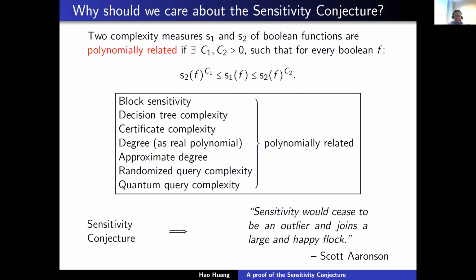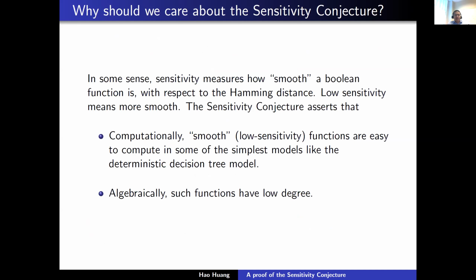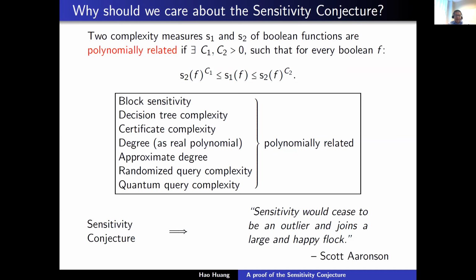Okay. So let me go back one slide to briefly discuss what the degree of a Boolean function is, since we will use that later. The degree of a Boolean function is defined just as the degree of the unique real multilinear polynomial that gives you the value of this function f. For example, if you have the AND function in two variables, then you can just take the real polynomial x1 times x2.